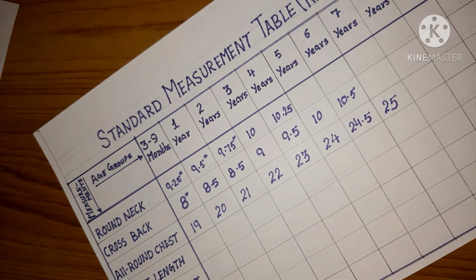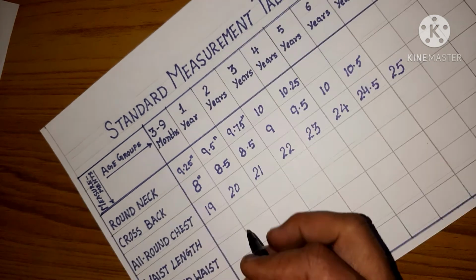Then waist length. Waist length sometimes increases by 1 and sometimes by half.